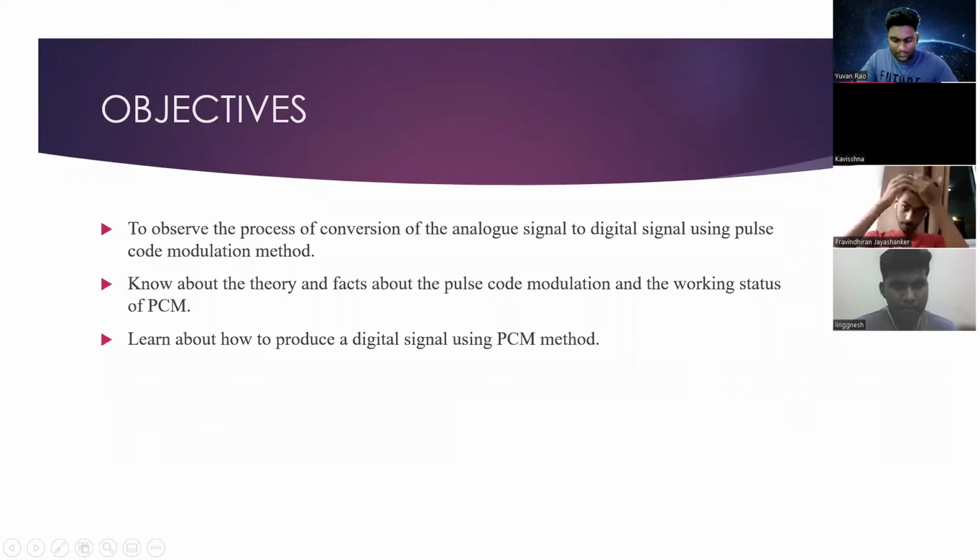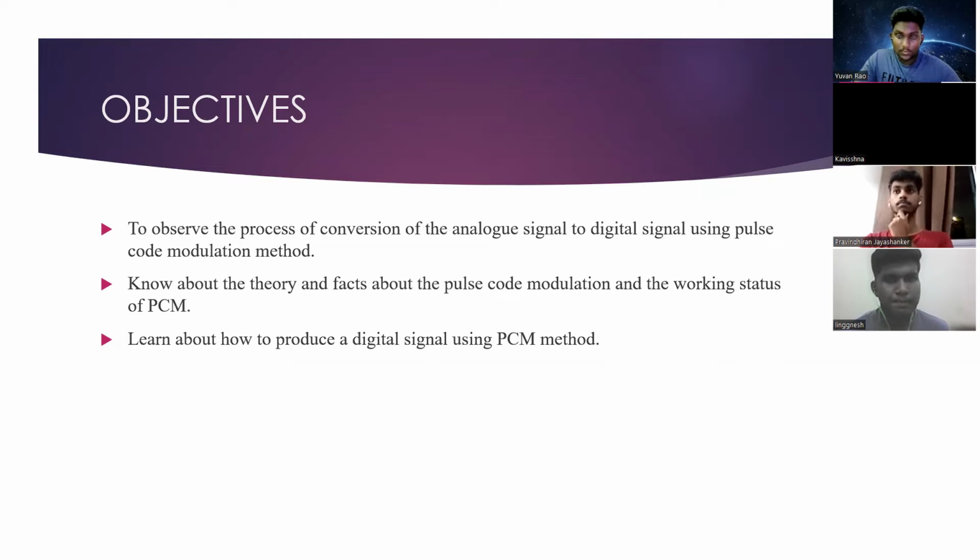So the objective is that the object of this lab are to observe the process of conversion of the analog signal to digital signal using pulse code modulation method. In this lab, we need to know about the theory and facts about the pulse code modulation and also the working status of PCM. We need to learn about how to produce a digital signal using PCM method and build a circuit using simulation software such as National Instruments LabVIEW and National Instruments Multisim.